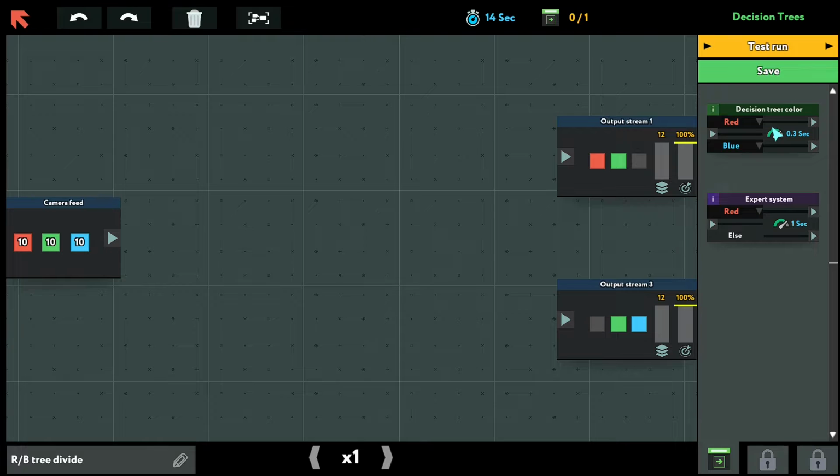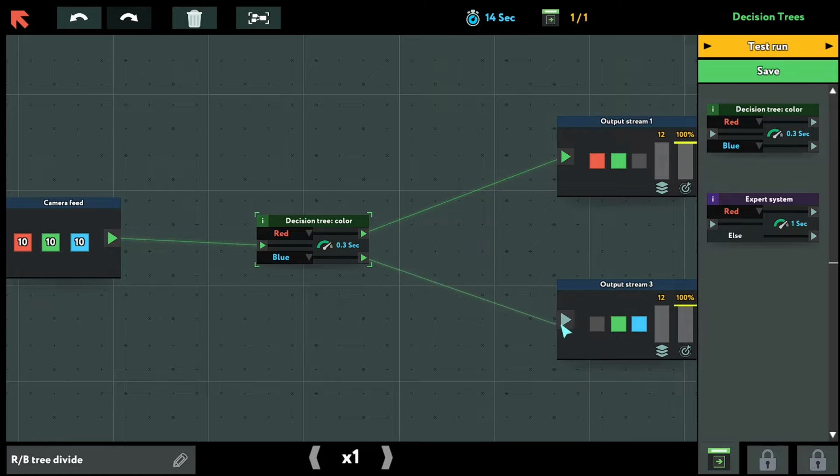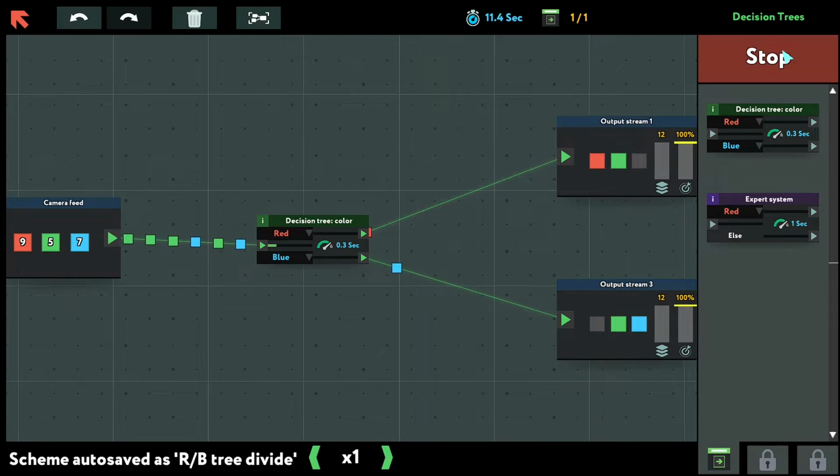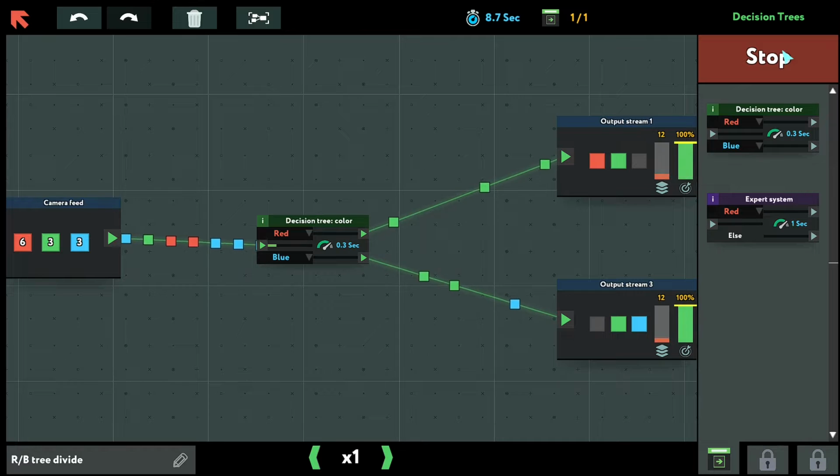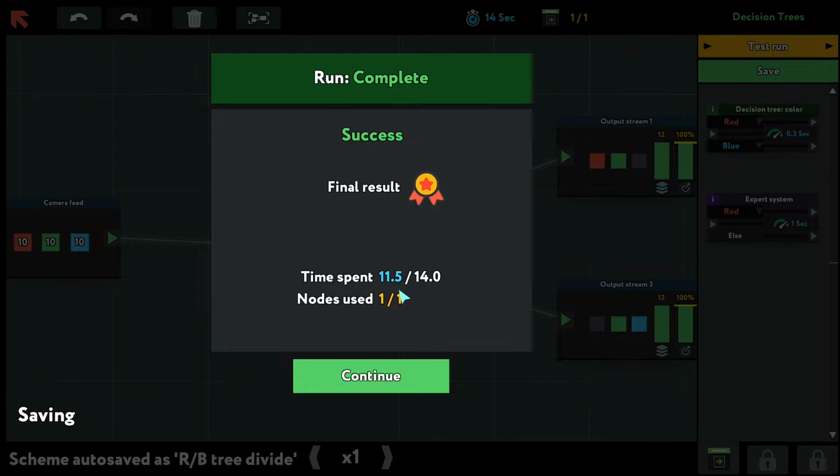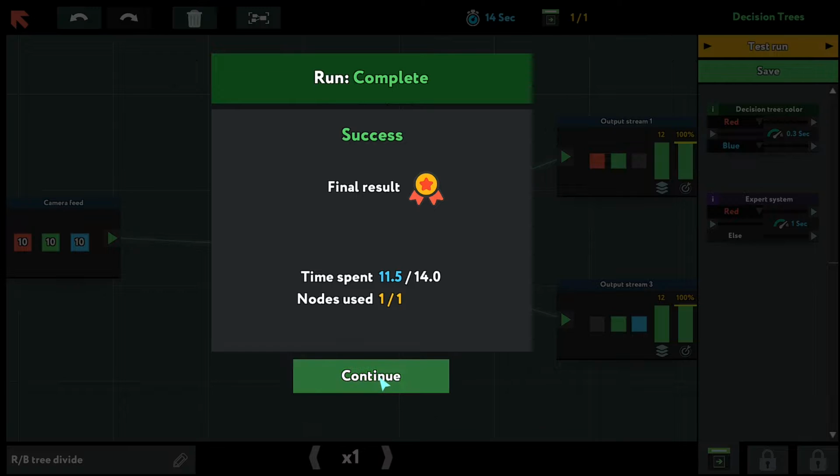So I guess we just do exactly what that example said, where we set green to go randomly, red to go here, and blue to go here, and it'll be faster than this expert system, which I don't know if I could do it with expert systems. Not entirely sure. Anyway, let's just sort everything randomly all over the place, I guess. That seems to be working. That is working. And that was in 11.5 seconds. That was significantly faster.